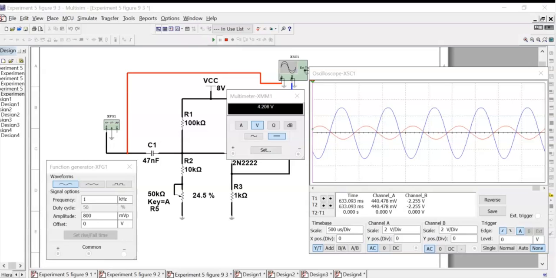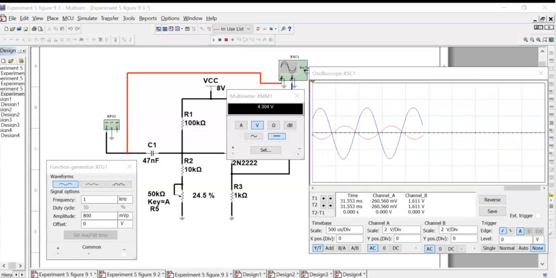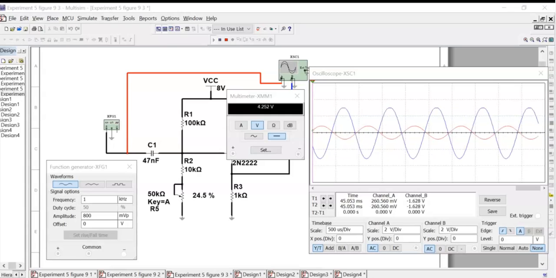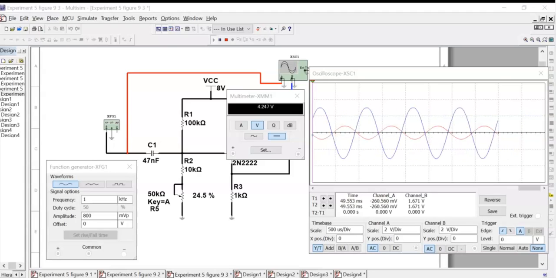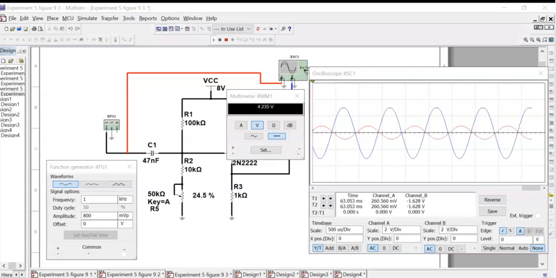Next, we need to adjust again the potentiometer so that the BCE is equal to 6.4 volts. So adjust now.